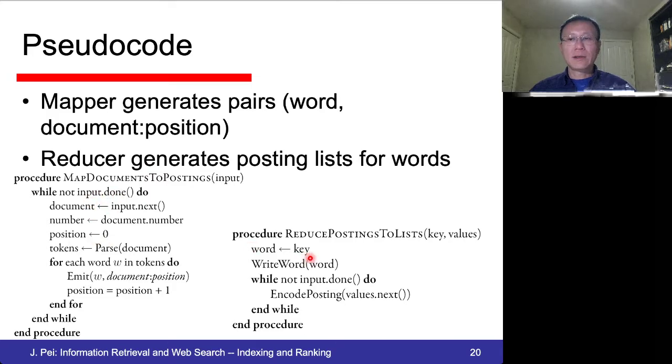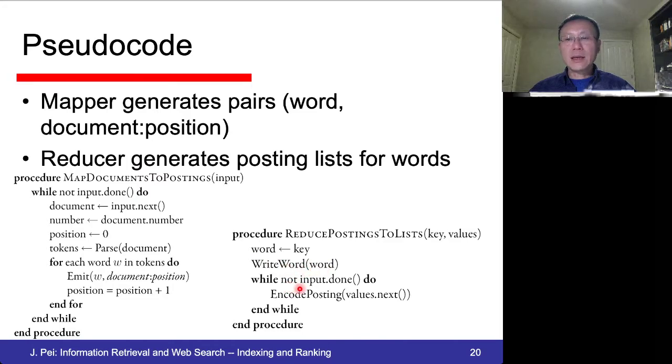The reducer collects all those key value pairs where the key is the word. Because of the MapReduce mechanism, it ensures that all the pairs having the same key, meaning having the same word, will go to the same reducer. Therefore, the reducer only needs to do the following. It gets the key, which is the word, and then it writes the word.